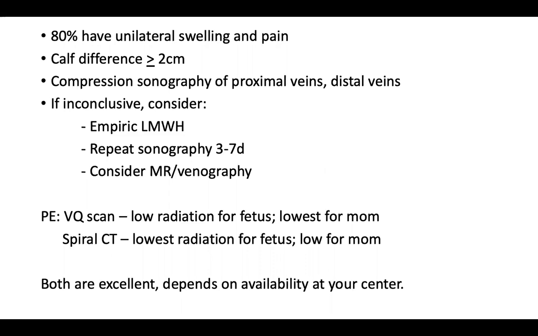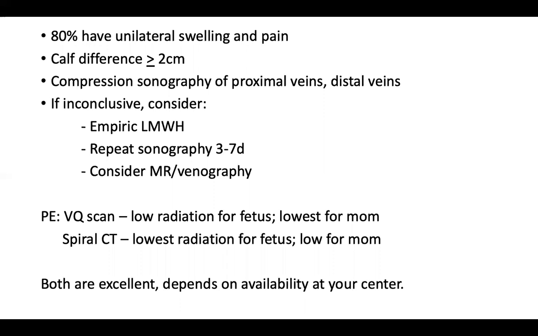If you have concerns about a pulmonary embolus, this has always been a topic of debate everywhere I've been. Do you order the VQ scan or do you order CT angiography, the spiral CT? The bottom line from all of the stuff that's been published looking at accuracy of diagnosis is both are extremely accurate in making the diagnosis of PE.